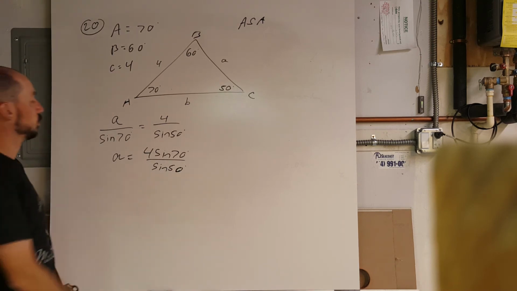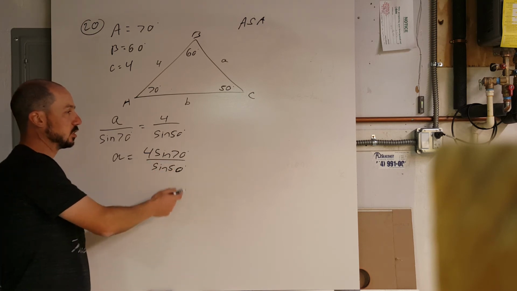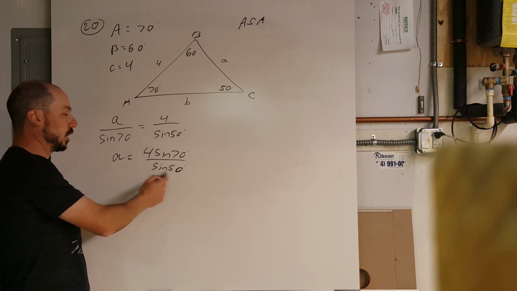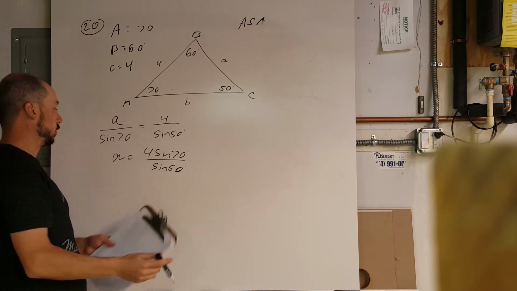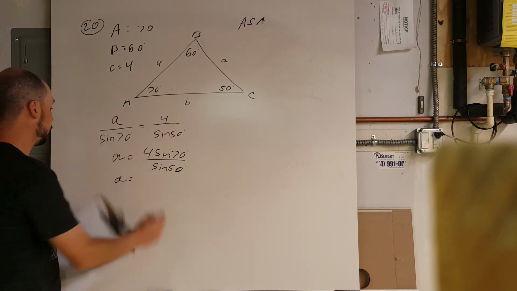Remember, there's no canceling here. You don't do like sine divided by sine, it's no good. 70 divided by 50 doesn't become 7 over 5, right? You're not dividing here. Sine of 70 times 4, then divide by sine of 50. And you just do it on your calculator, or you do it on Desmos. A, you get 4.91.